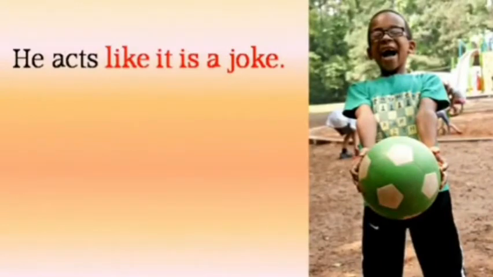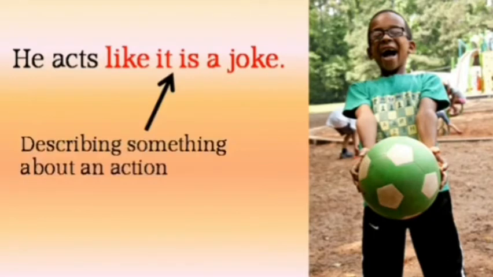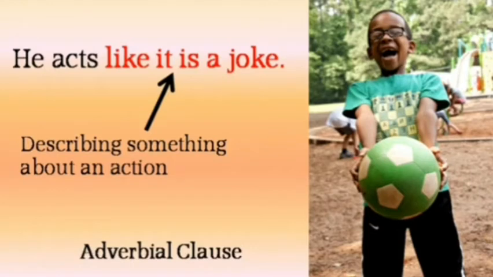Sometimes a group of words act like an adverb and describes something about an action. Alex is never serious about his game. He acts like it is a joke. How does he act? See, this group of words acts like an adverb and modifies a verb. So, it is an adverbial clause.